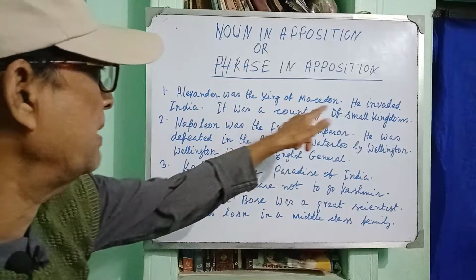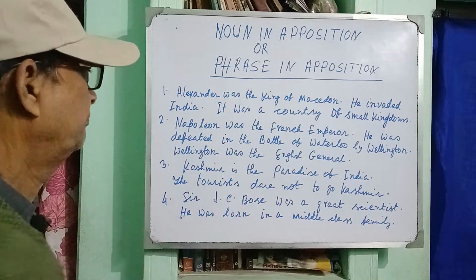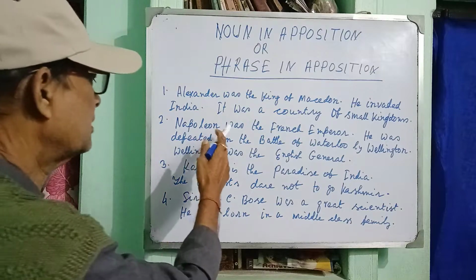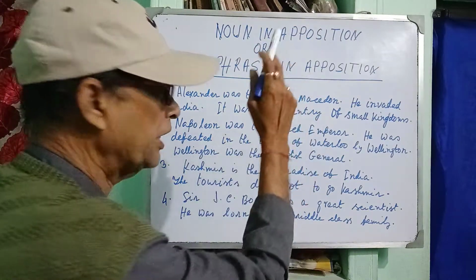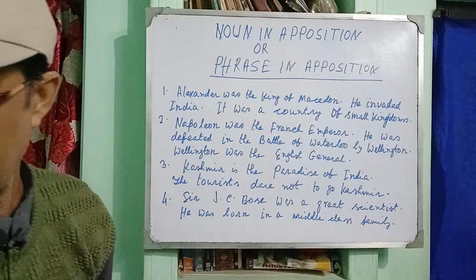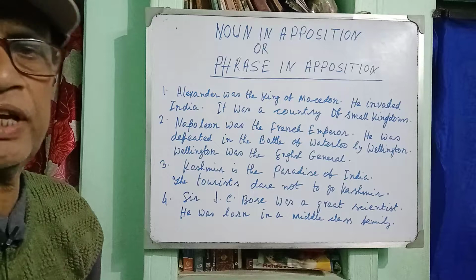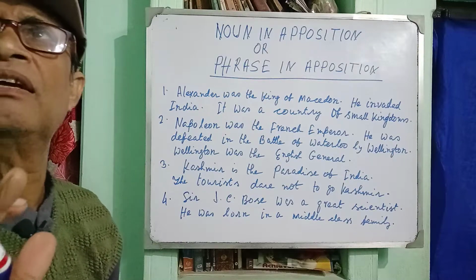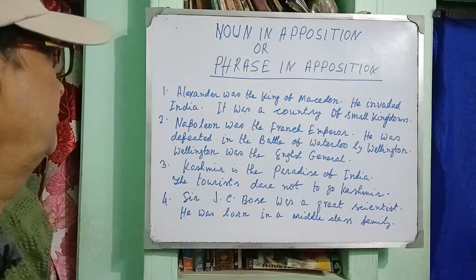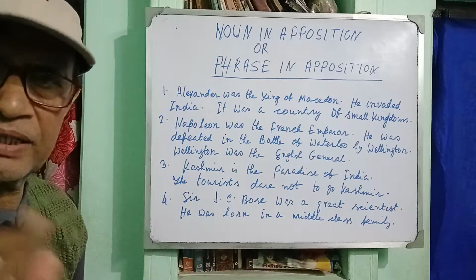Alexander was the king of Macedon. He invaded India. It was a country of small kingdoms. And you will have to join by using apposition or noun in apposition. So what will you write? Please write down.